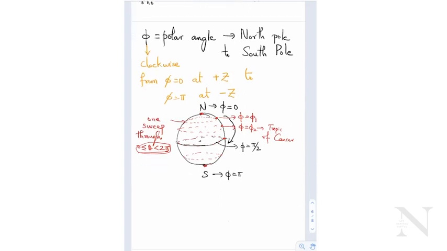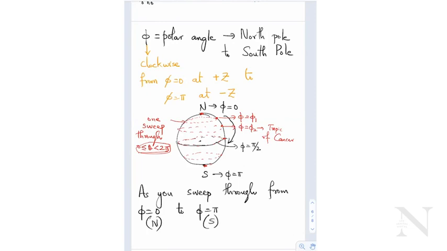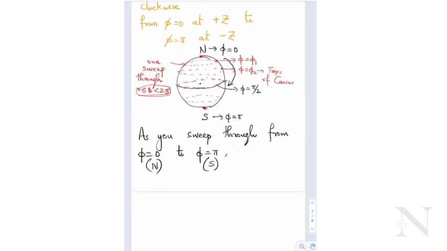So as you sweep from phi equal to 0 at the North Pole to phi equal to pi at the South Pole, we cover 0 to 2 pi for theta for each value of phi.